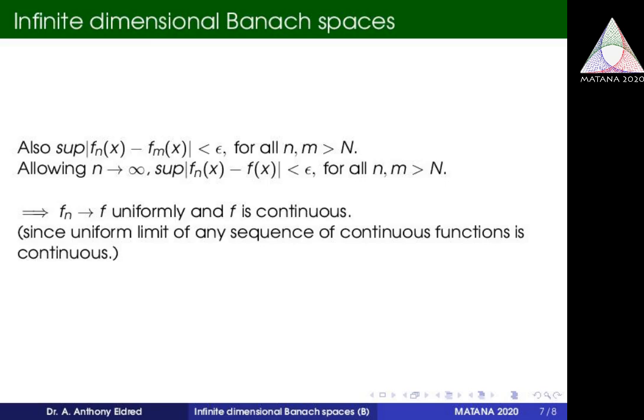So if a sequence of functions converges to f uniformly, then the supremum of |fn(x) - f(x)| is less than epsilon for all n greater than or equal to N. Since there is no m here, the supremum of |fn(x) - f(x)| is less than epsilon for all n greater than N. So fn converges to f uniformly, and by the property of uniform convergence, this f has to be a continuous function.